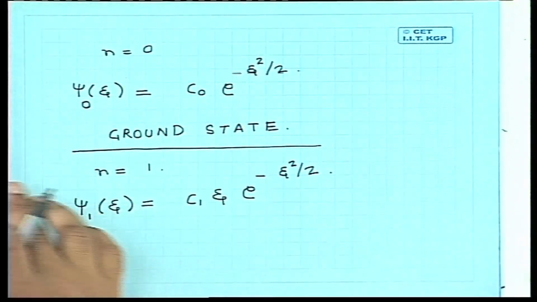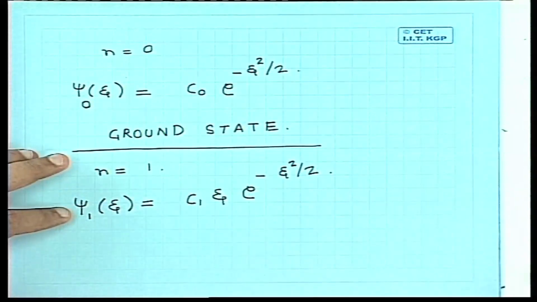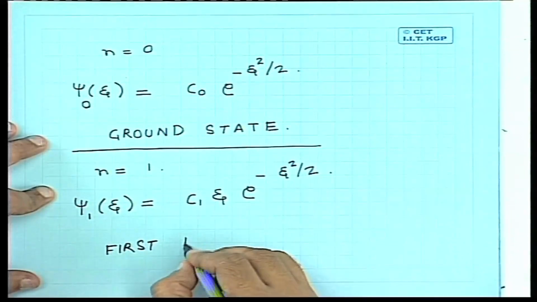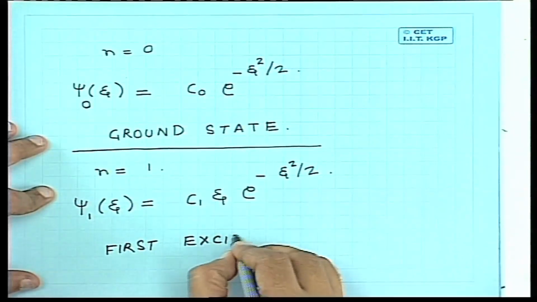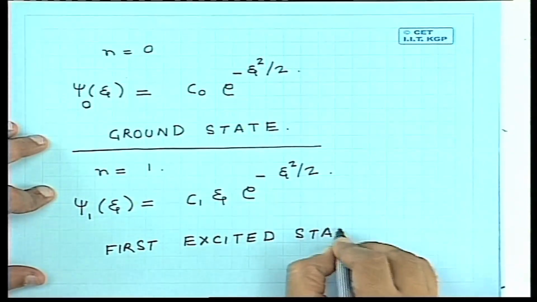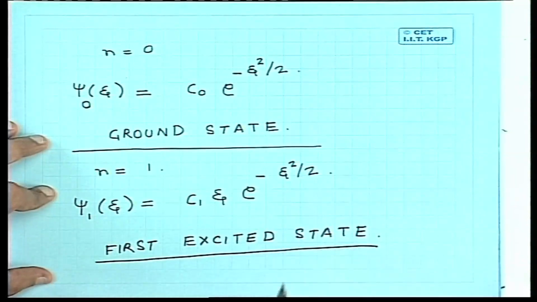This is called the first excited state of the simple harmonic oscillator, some kind of nomenclature, because it has an energy higher than the ground state.